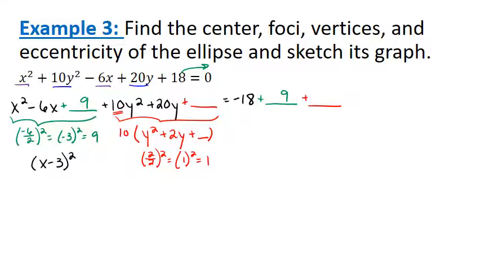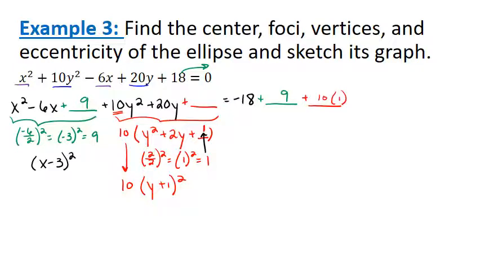So my special number is 1. Now, be careful: since my special number is 1, I'm really multiplying that by 10. So my special number over here is 10 times 1, which is 10. So be cautious of that. Now, when I rewrite this, I keep the 10 out here and factor this. When I factor this, I get y plus 1, that quantity squared.